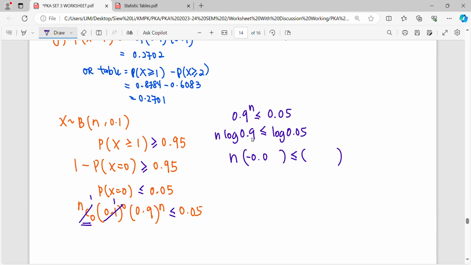Your answer all the time needs to be more than 3 significant figures. 0.04575, 0.045757, 0.04576.